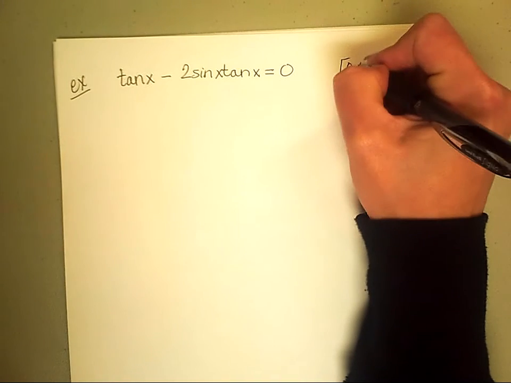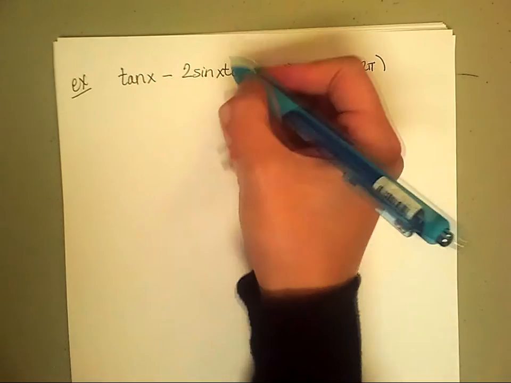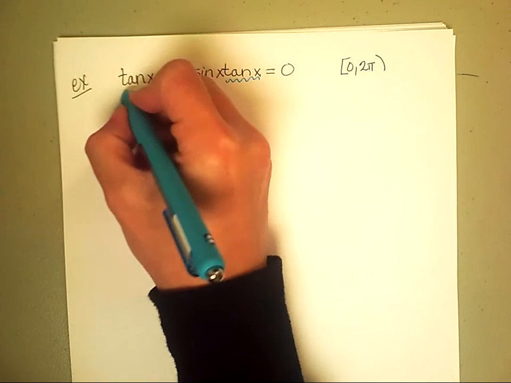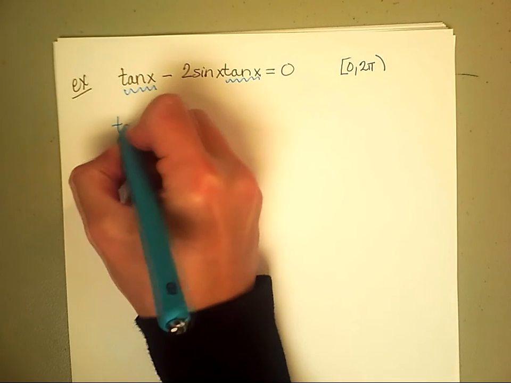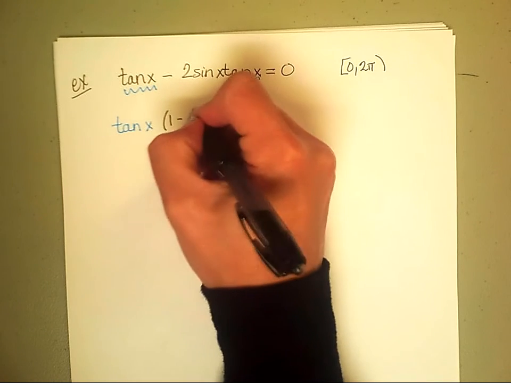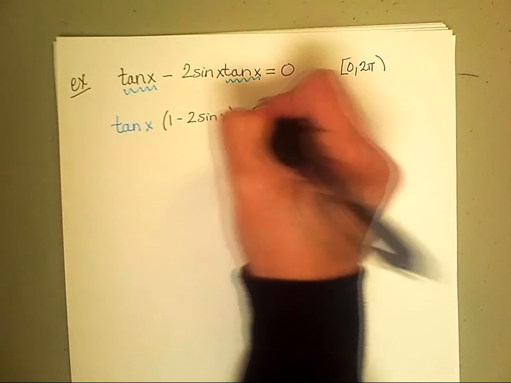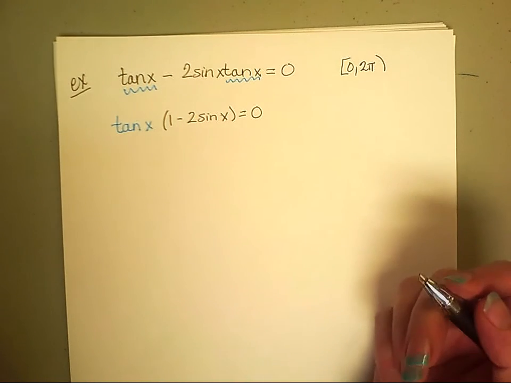And let's solve this one on 0 to 2 pi. So we can see that there's a common factor of a tangent on both of them. So I'll pull out that tangent, and then I'm left with 1 minus 2 sine of x equals 0.